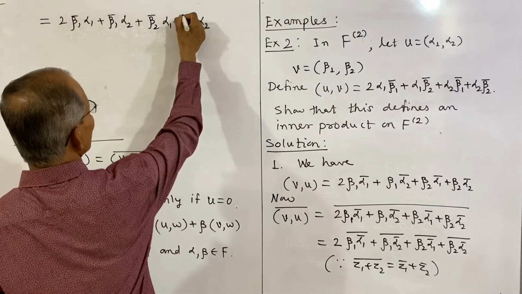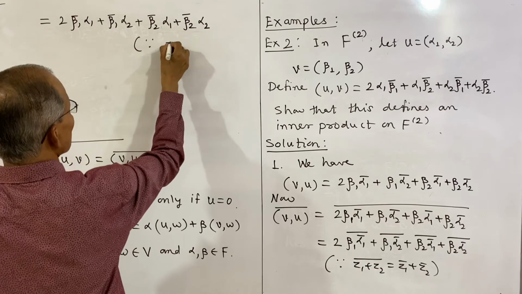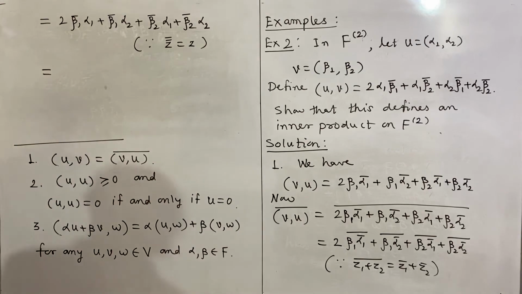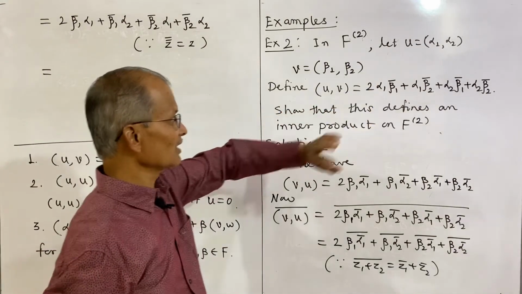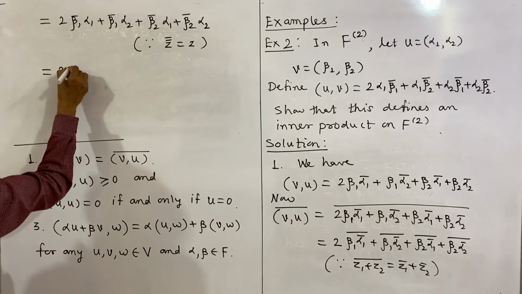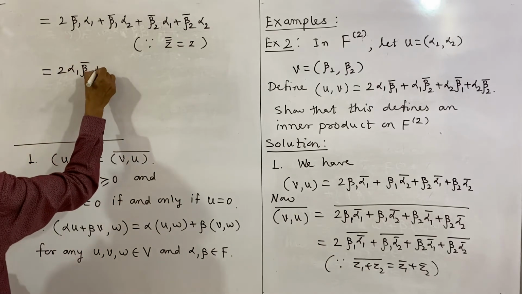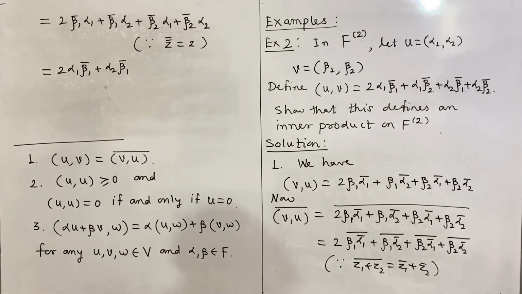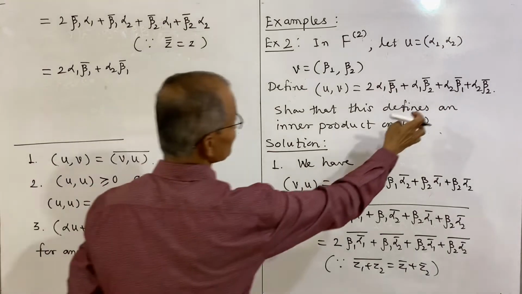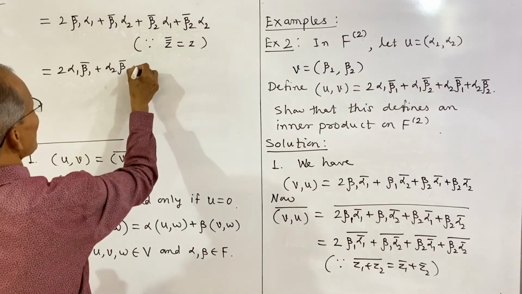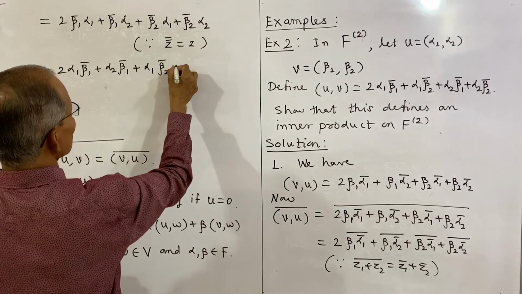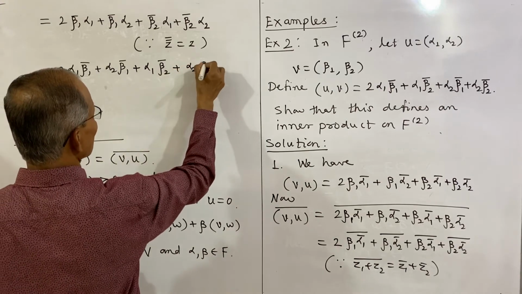First is conjugate of beta 2, since double conjugate of z is equal to z, and again this can be written in this form. See, it is exactly the same: alpha 1 conjugate beta 1 plus alpha 2 conjugate of beta 1, next is alpha 2 conjugate of beta 1, yes, that is this term, and plus alpha 1 conjugate of beta 2 plus alpha 2 conjugate of beta 2.